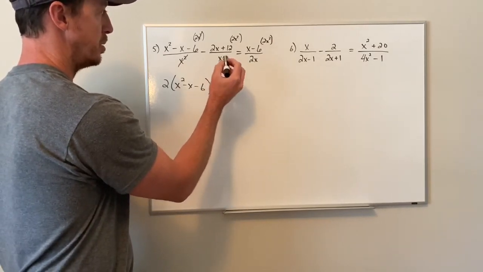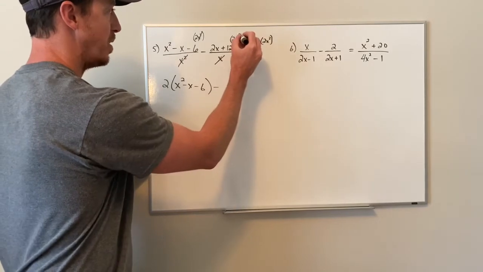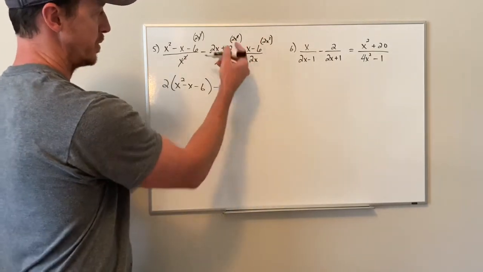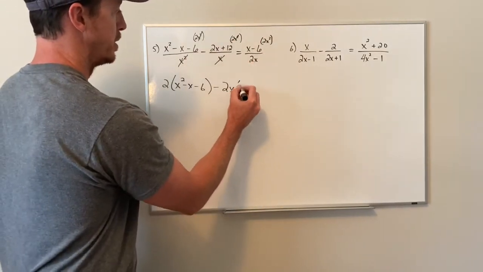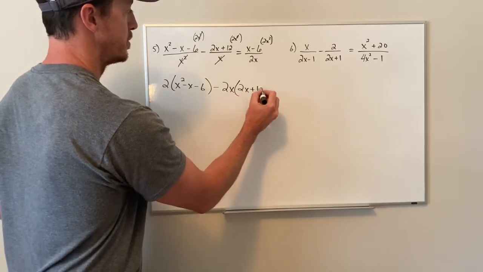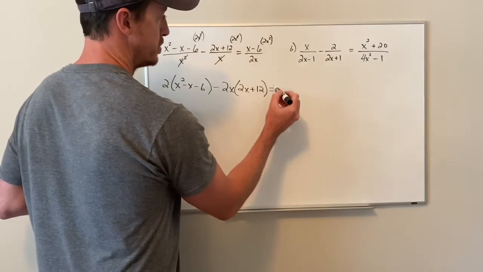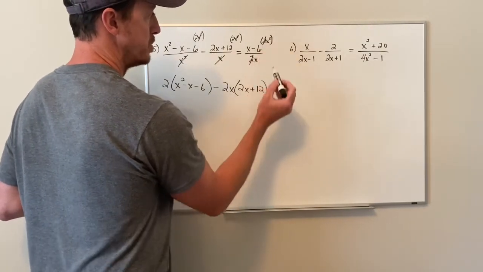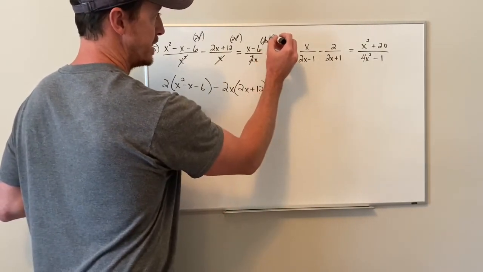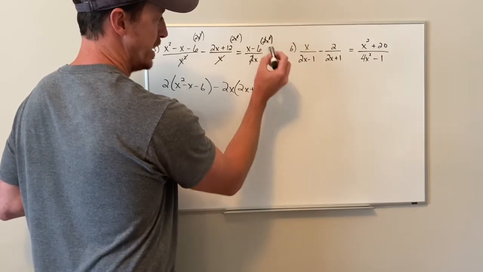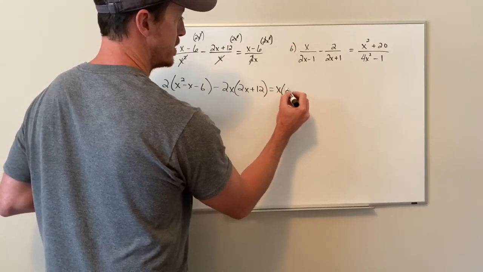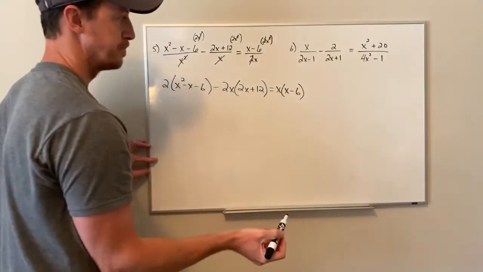In the next term, this x takes out one of those x's, and so I've got 2x up there times 2x plus 12. Then in that last one, the 2's cancel. That x again takes out one of those x's, so there's just an x left there now. So that's x times x minus 6.